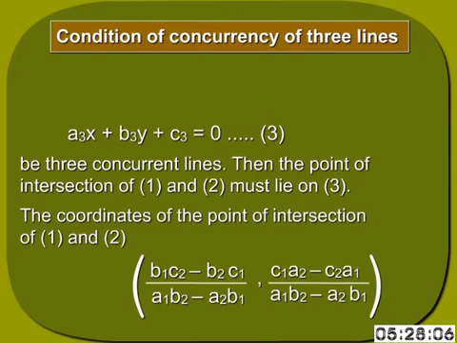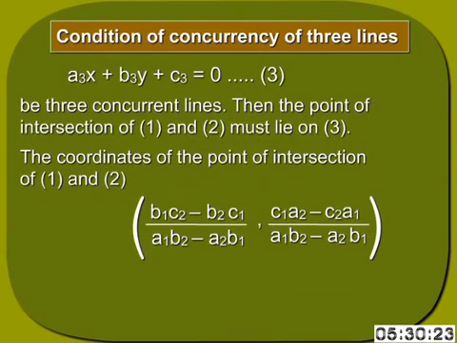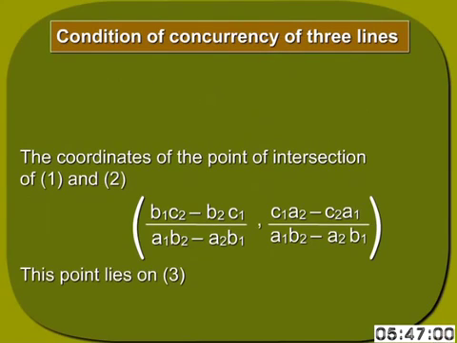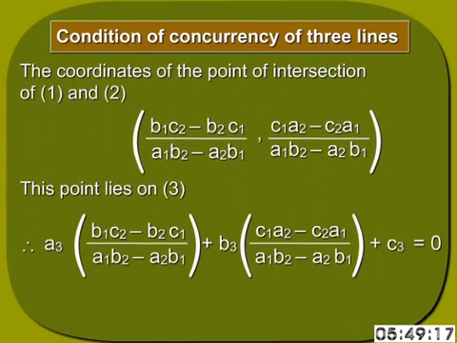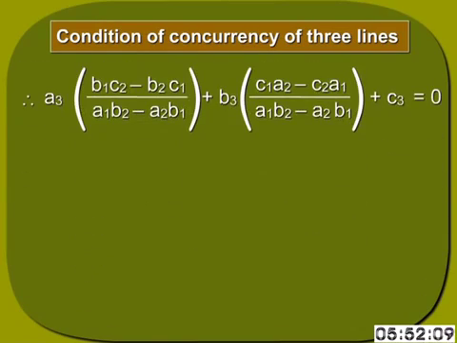The coordinates of the point of intersection of equation number 1 and equation number 2 are b1c2 minus b2c1 upon a1b2 minus a2b1, c1a2 minus c2a1 upon a1b2 minus a2b1. This point lies on equation number 3. Therefore, a3 into b1c2 minus b2c1 upon a1b2 minus a2b1 plus b3 into c1a2 minus c2a1 upon a1b2 minus a2b1 plus c3 equal to 0.